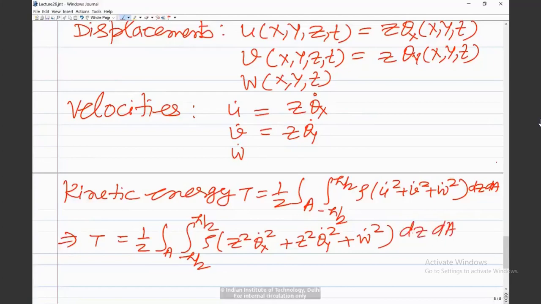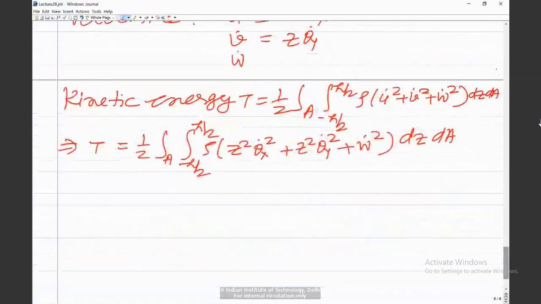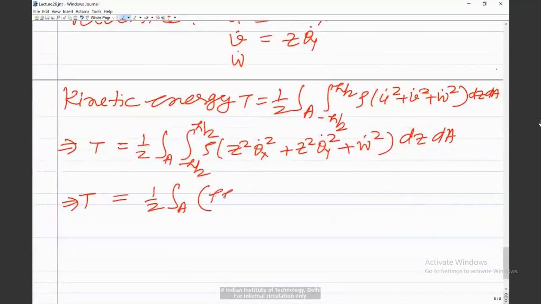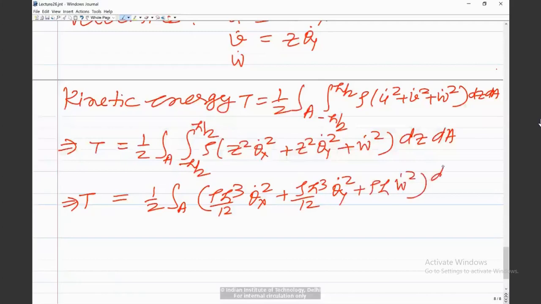And if you carry out the integration through the thickness, so we will get T is equal to half integration over area, and then the integration of z square from minus h by 2 to plus h by 2 would give rho h cube by 12 into theta x dot square plus again rho h cube by 12 theta y dot square, and plus rho into h w dot square dA.